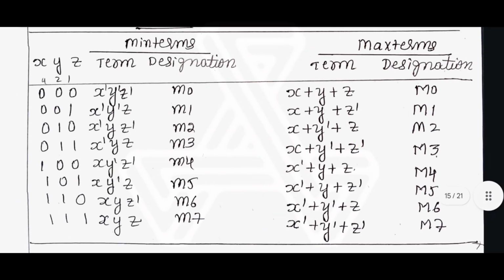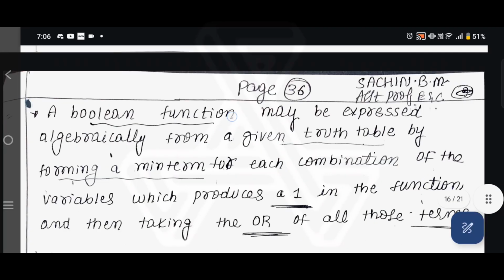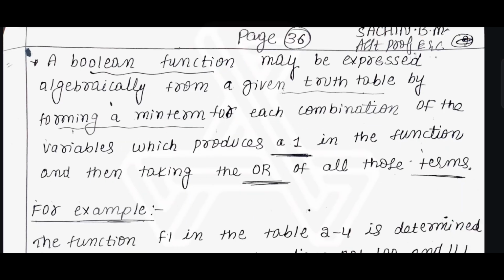For max terms, we take the complement of that, forming the OR of terms, that is x + y + z and x + y + z', which gives the max terms M0, M1, M2 and so on.